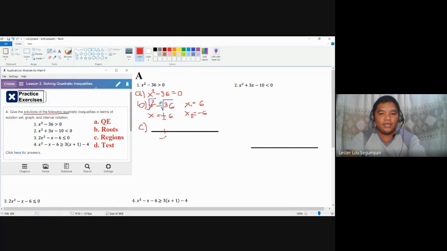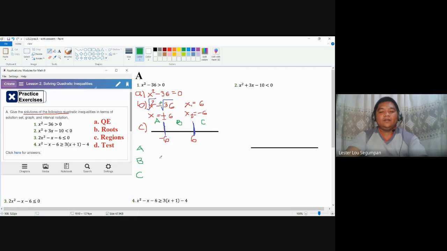Of course, we will see negative 6 and 6 in the proper arrangement on the real number line. Then we have now divided three regions using these points. The regions are region A, region B, and region C.